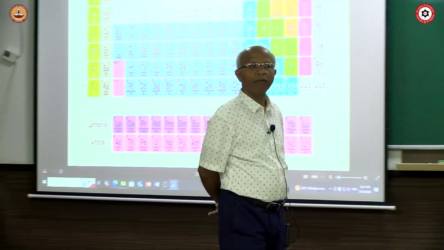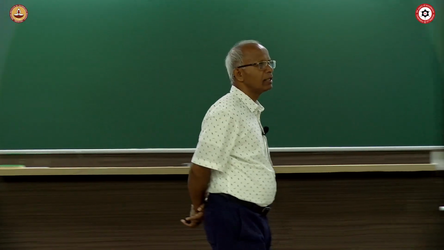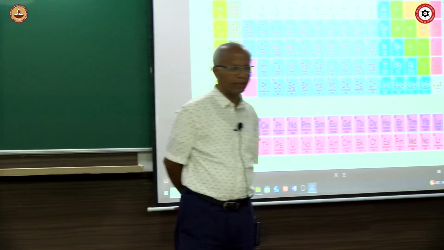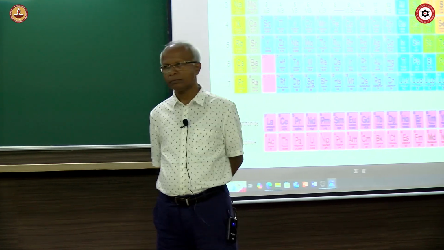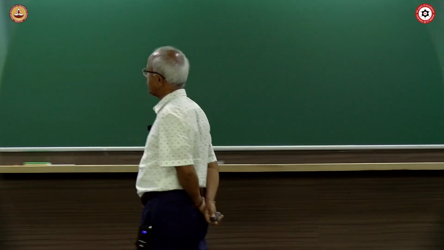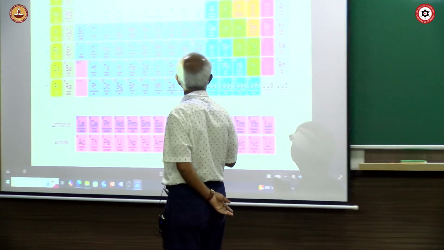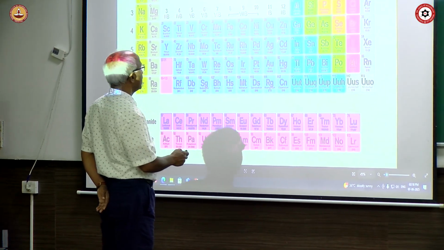Difference between electronegativity. Okay. Yeah, so that means if you look at these elements here, you have boron, carbon, nitrogen.